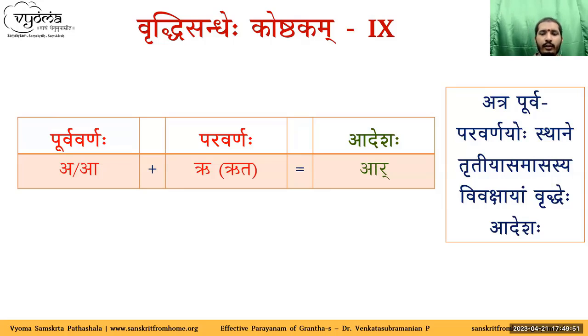Let us not get into much detail about what Samasa is. Just think Samasa is a compound word, a phenomenon of making compound words. There we have one subtype called Tritiya Tatpurusha, where the purva pada is in Tritiya Vibhakti.